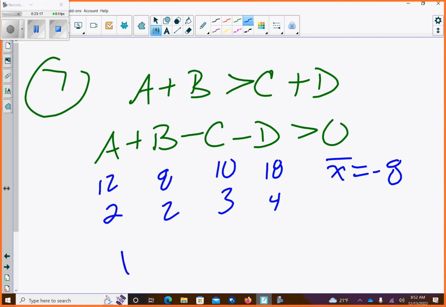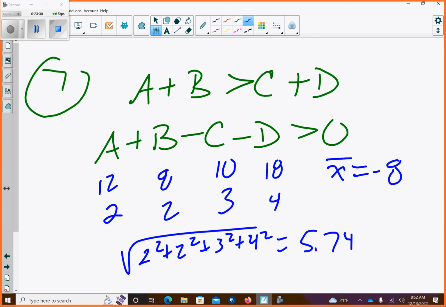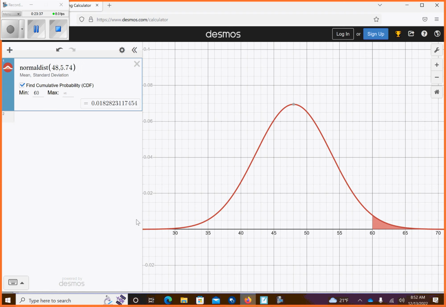And the new standard deviation, we just found the standard deviation is 5.74. So 2 squared plus 2 squared plus 3 squared plus 4 squared will come out to 5.74 as the new standard deviation. So now we're looking for greater than 0 again. So 5.74. Going into Desmos, our friendly buddy.